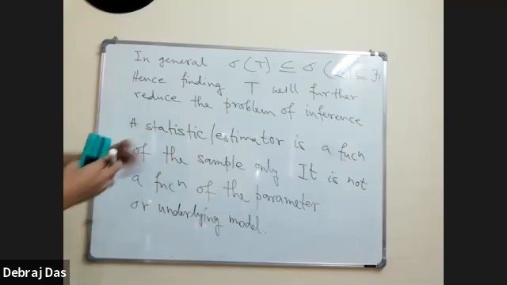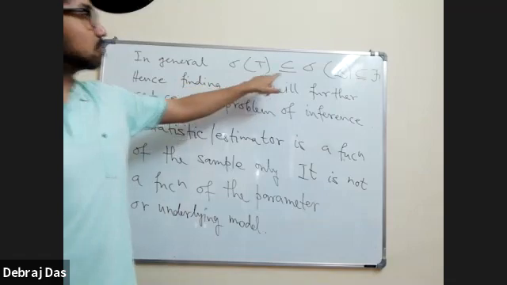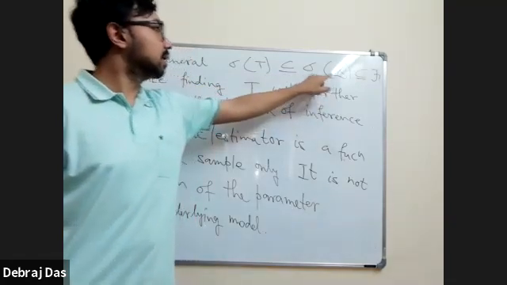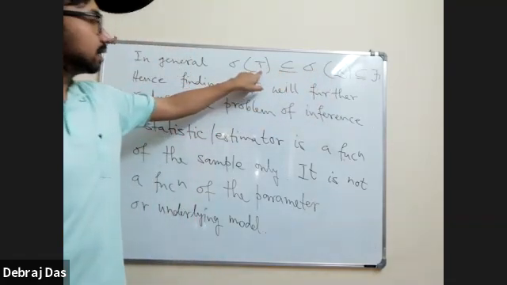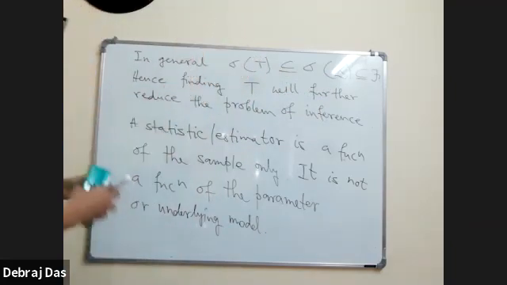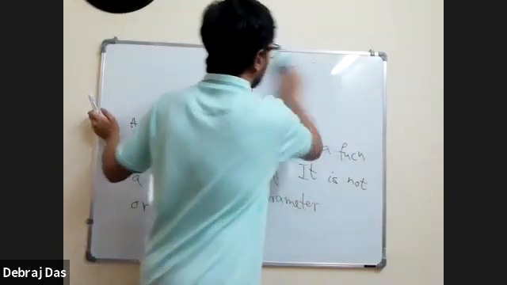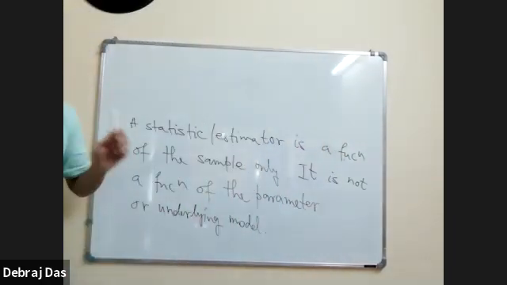Okay. So this T, somehow trying to reduce the complexity of this sigma X squared and finding this T, this is called the procedure of sufficiency. So what is the aim?